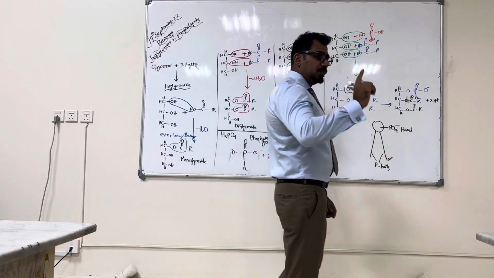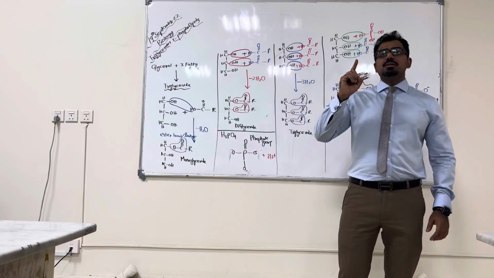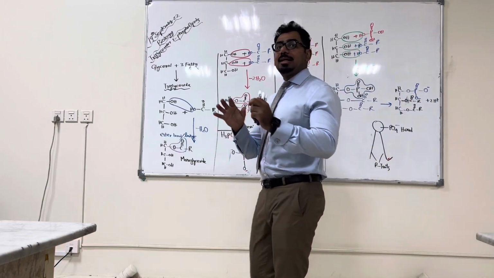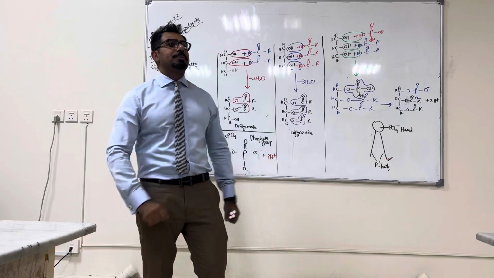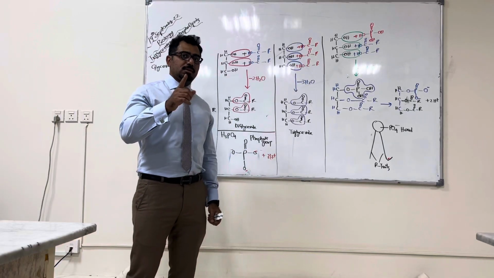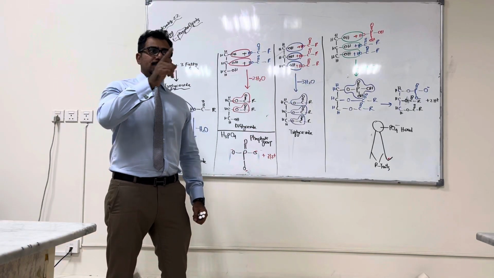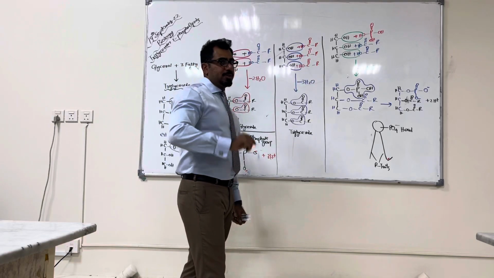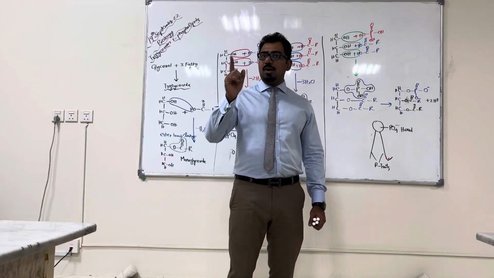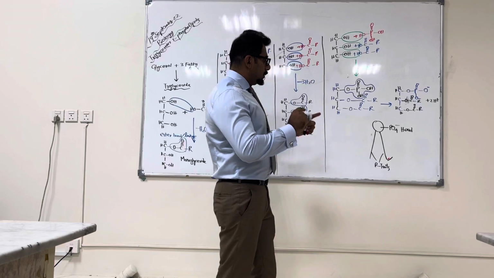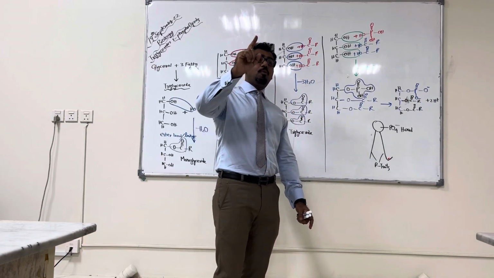You should remember, when I was giving you ideas about the structure of the cell membrane, what did I say to you? Cell membrane is made up of phospholipids. Now, also keep one thing in your mind.